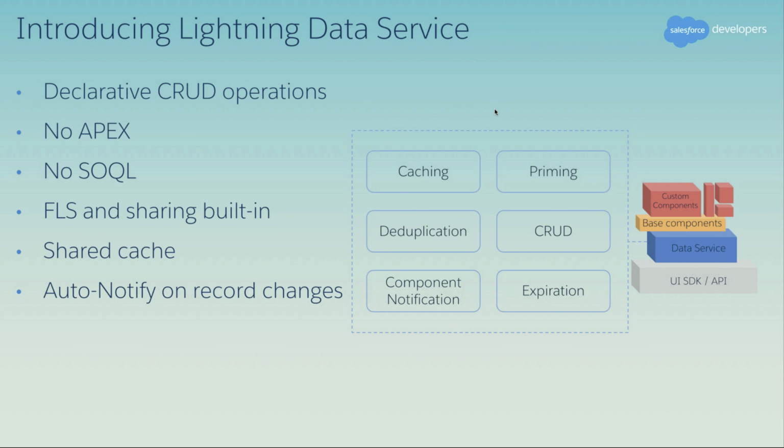We're going to look at all of this as we get into some code in a little bit. And then finally, one of the really cool ones is offline access, offline access for Salesforce 1. So if we are on the train, on the subway, and suddenly we lose connectivity, we don't want to lose all of our work. And again, Lightning Data Service comes to the rescue with that.